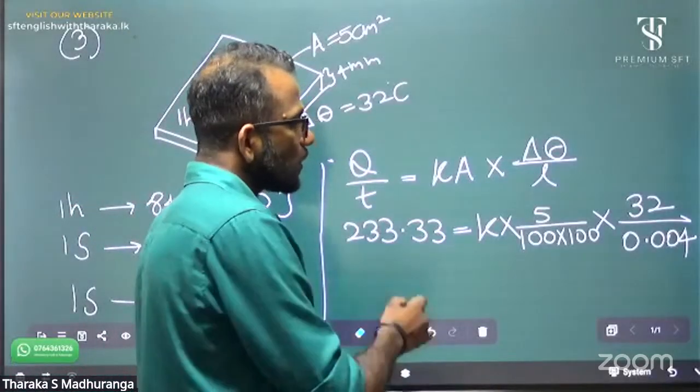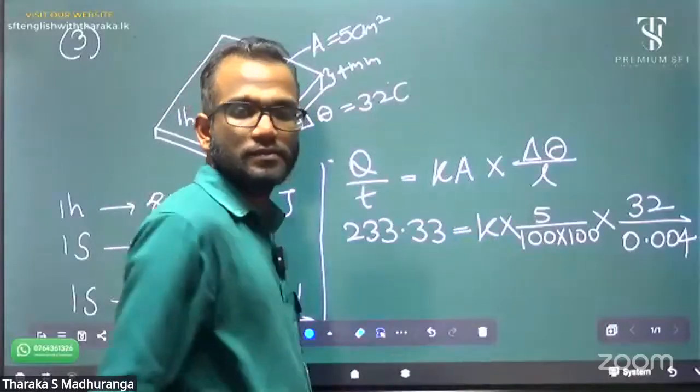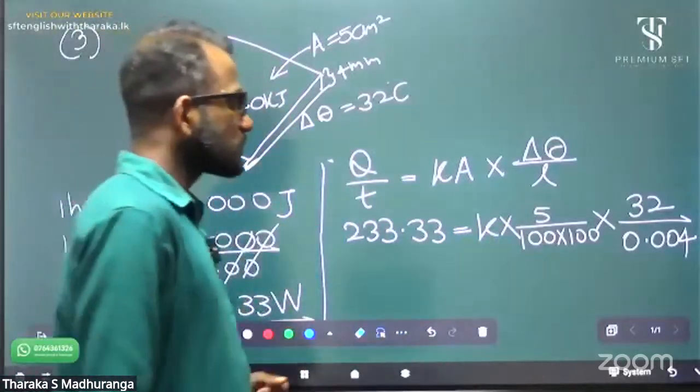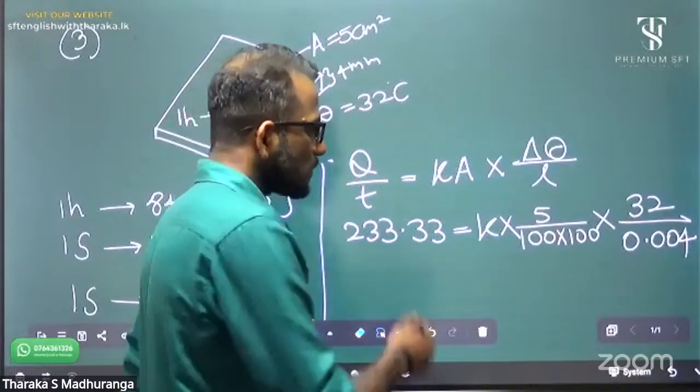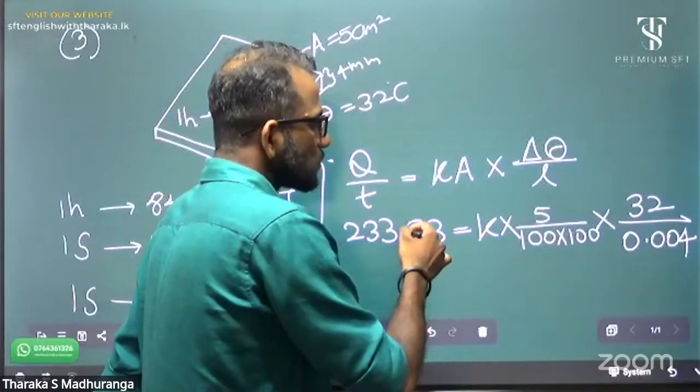Now I want to isolate K. How to isolate K? Cross multiplication.